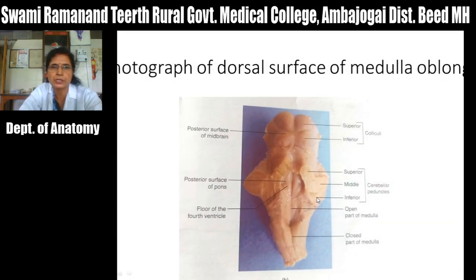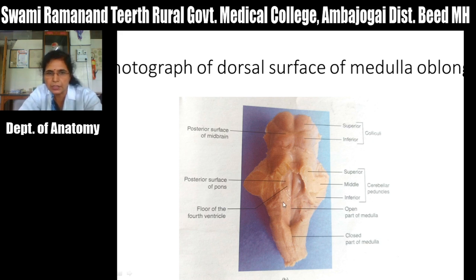Now this photograph shows the posterior surface of the medulla, that is the brainstem, after cutting the cerebellum. Here this is the lower part of the medulla. The medulla is divided into two parts: the lower part is called the closed part, in which the central canal is present, and the upper part is called the open part, in which the fourth ventricle is present.